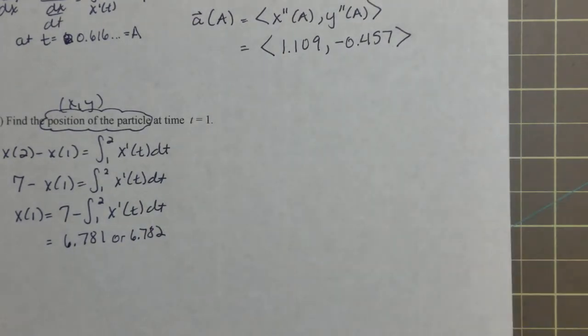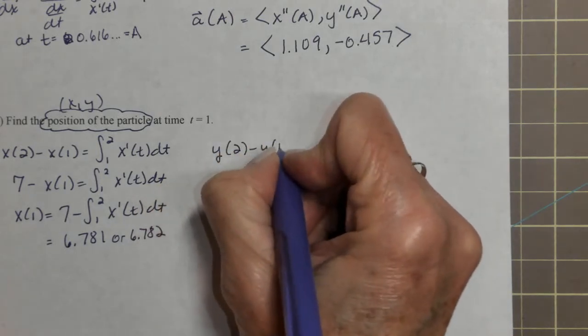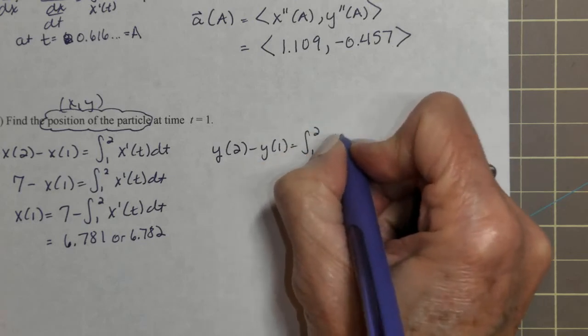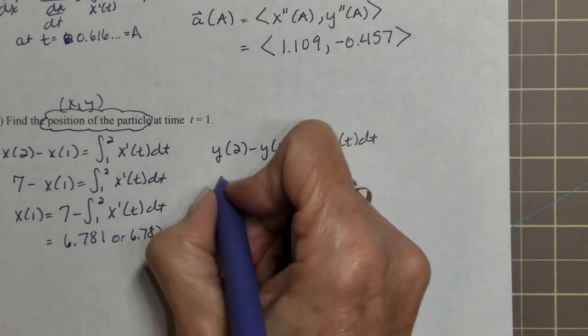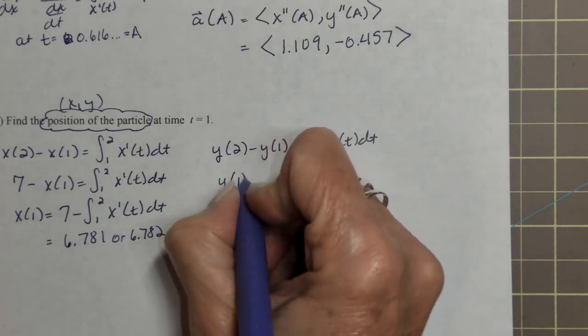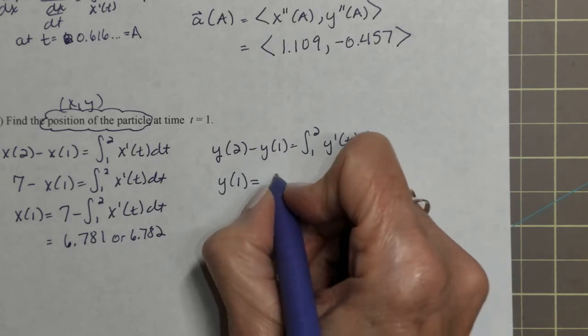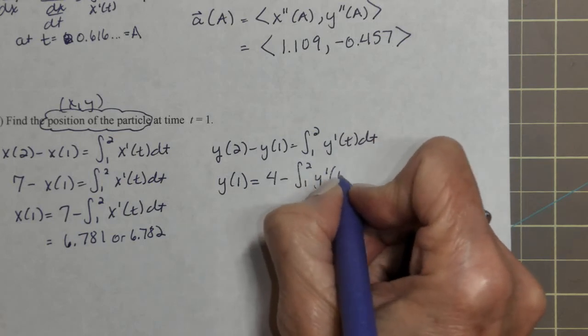Okay? Same thing for our y's. Y at 2 minus y of 1 is the integral 1 to 2 of y prime dt. So y of 1, I'm going to save myself a step, is, so our y of 2 value is 4 minus that integral.